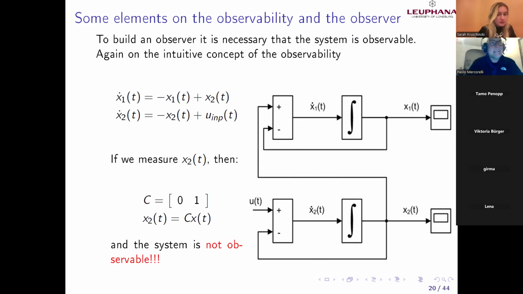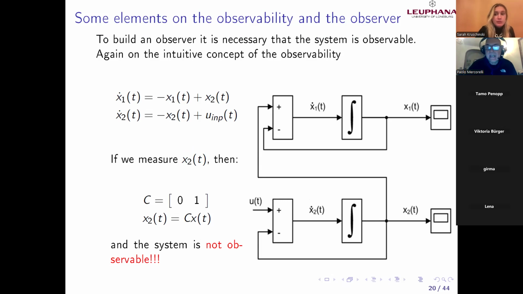This means directly that we can say that observability, at least in a wide meaning, forget fully and so on, depends on what I measure. If I measure x1, the system is observable. One second again, this system is observable.